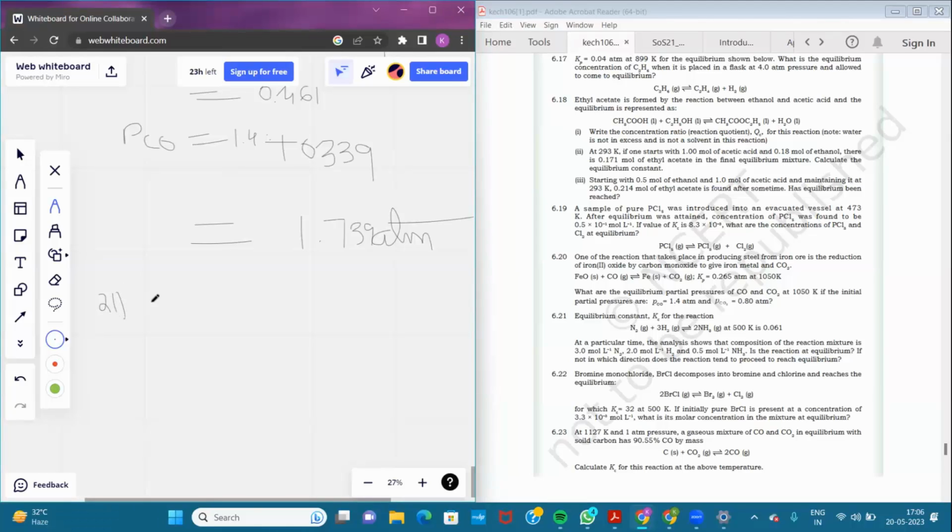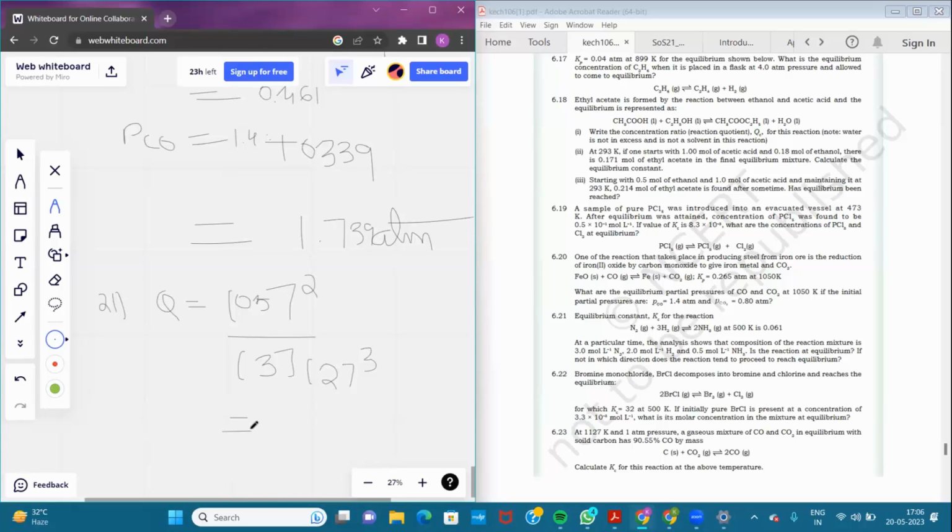Here we can simply use the relation between Q and K. We can directly calculate Q as 0.5, that is NH3 concentration whole square, by 3 into 2 whole cube.